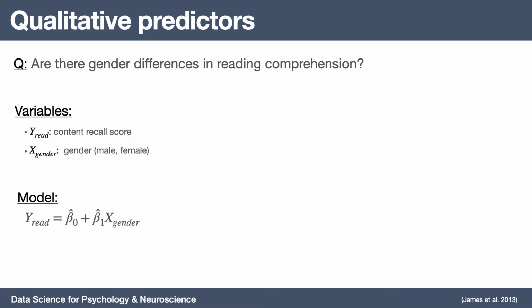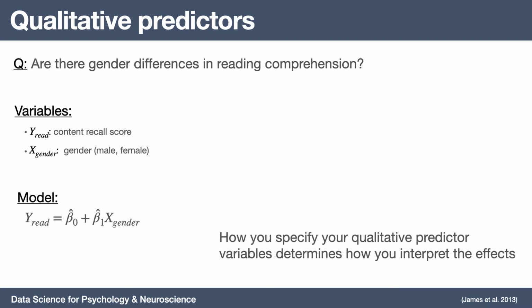So for this, you would just want to fit a regression model Y-read equals beta naught, the intercept term, plus beta 1 times gender. But how you specify your qualitative predictor variable, in this case x, determines how you interpret the effects. So for example, you could designate gender using what's known as a dummy variable. In this case, 0 for male and 1 for female.